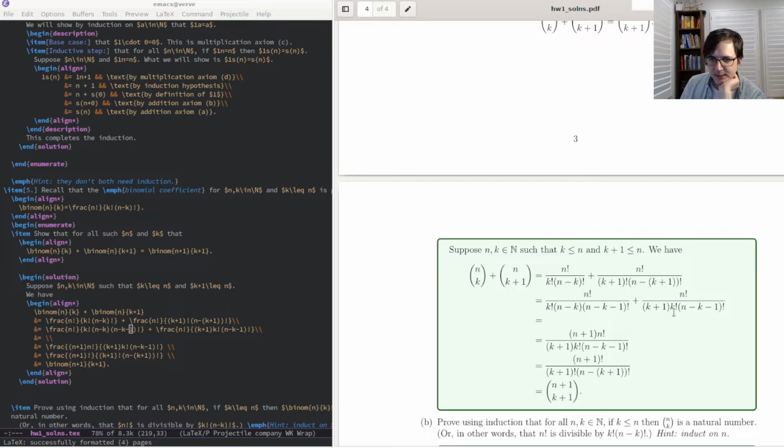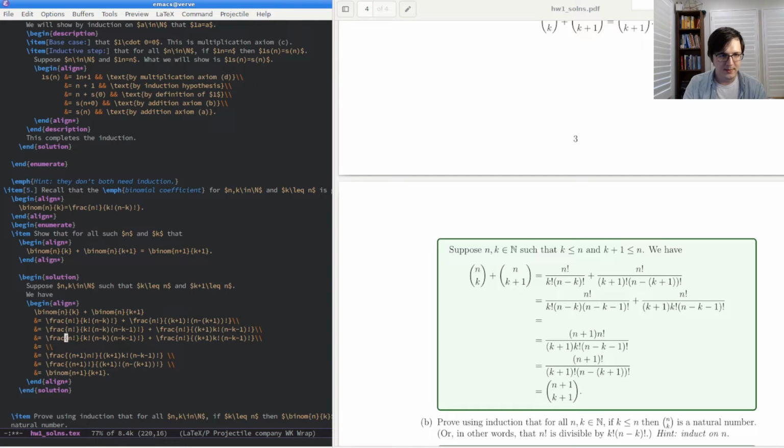So now here's what we will do. We see that both of them have a k factorial, and there's a k factorial there. And everything in sight has an n factorial on top. So, without thinking too far ahead, it seems reasonable to factor out the n factorial and the k factorial from the bottom.